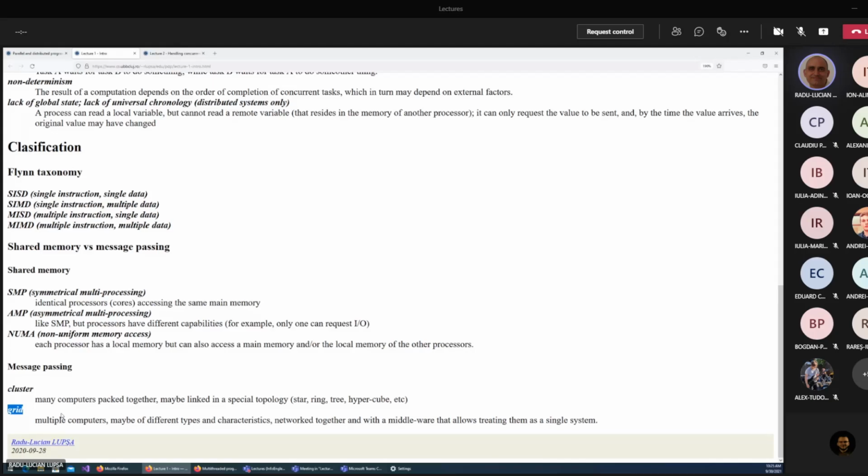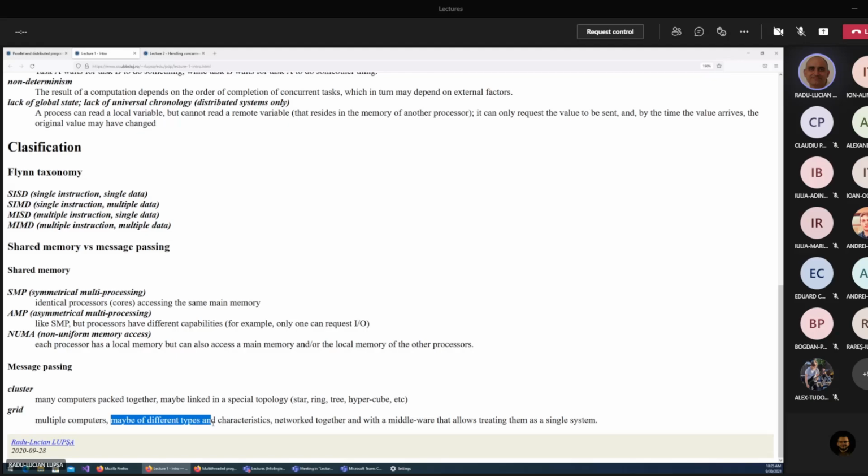Maybe some of them are ARM processors, some of them have Intel compatible processors, maybe different amounts of memory and so on, and linked together in a network with probably nothing special. So Ethernet on local networks or whatever network technology we have.